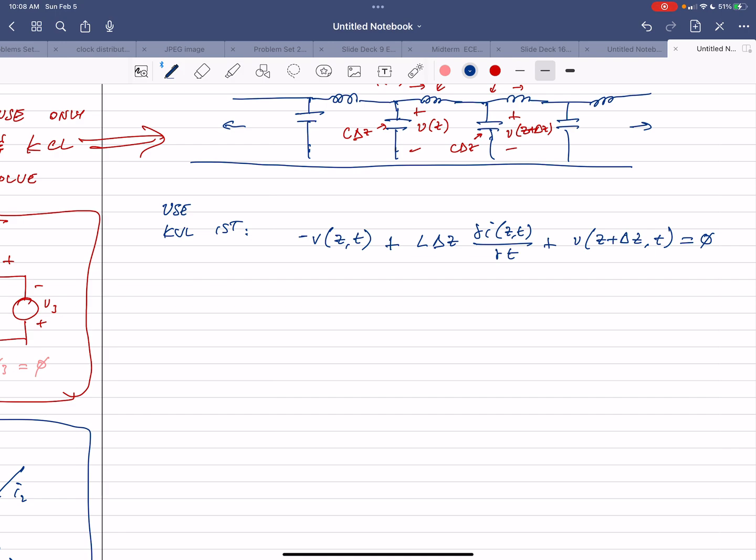So I'm just going to move things around in this equation so I get the voltages together and the currents together.